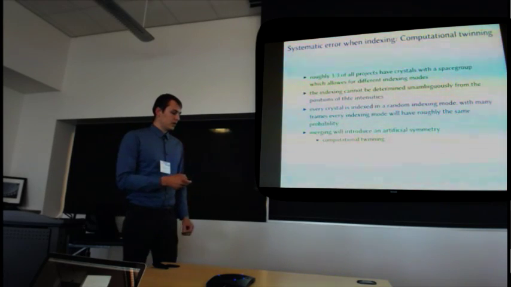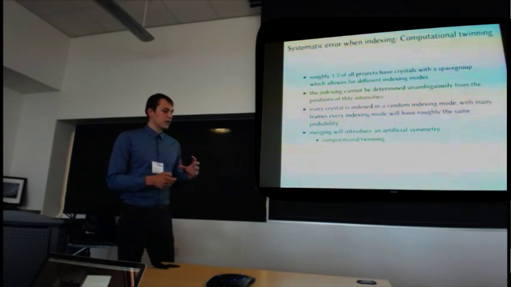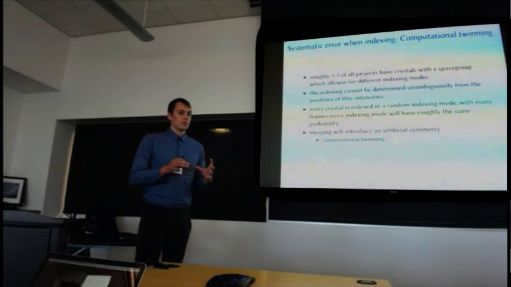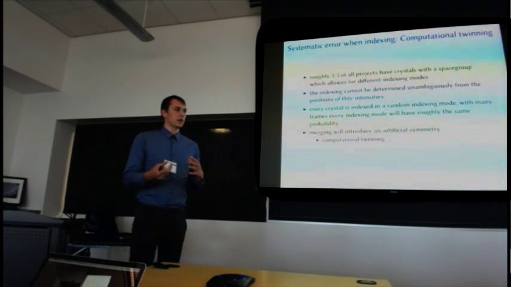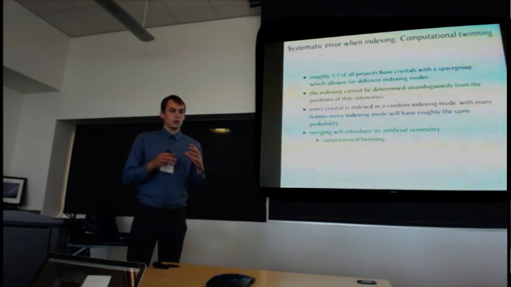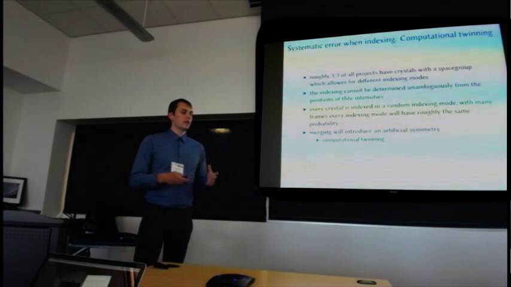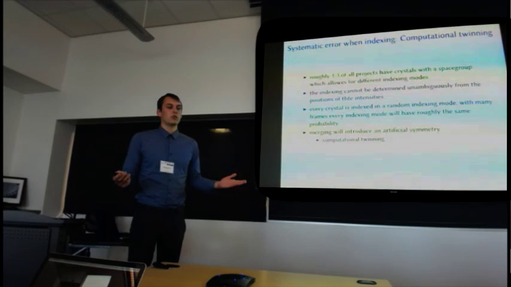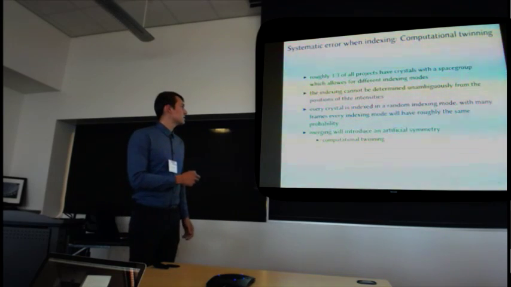So each time a point group allows diffraction patterns to be indexed in different ways, they will be indexed in different ways, in each indexing mode, just randomly. And this is the case for roughly 1/3 of all projects.